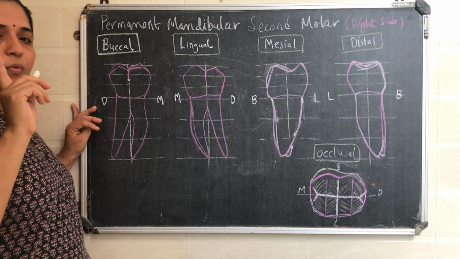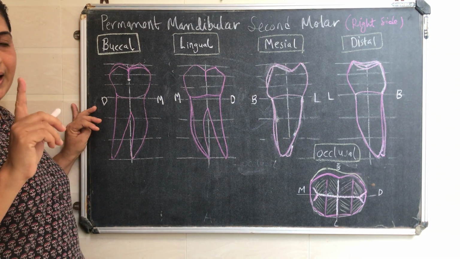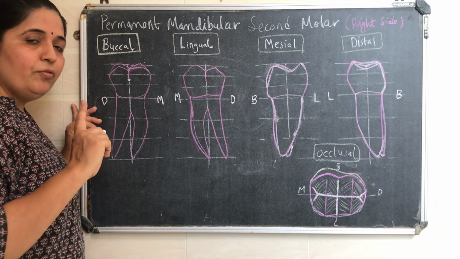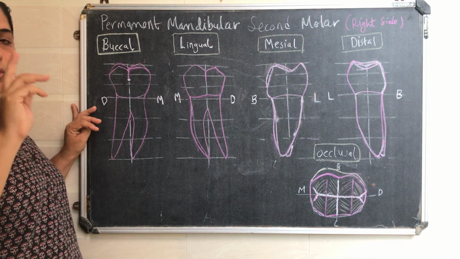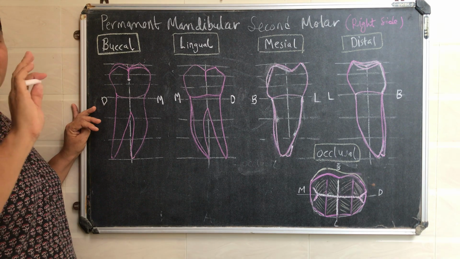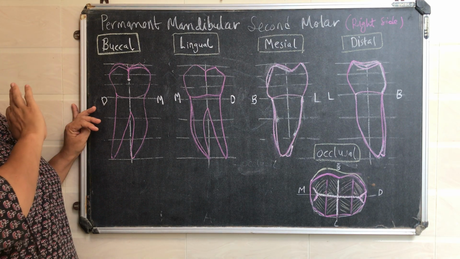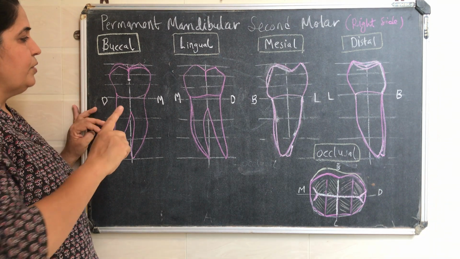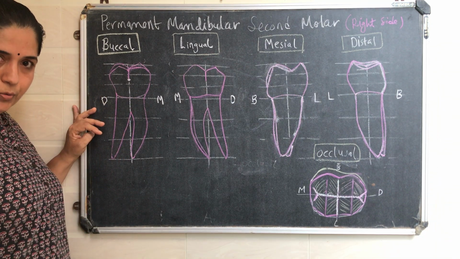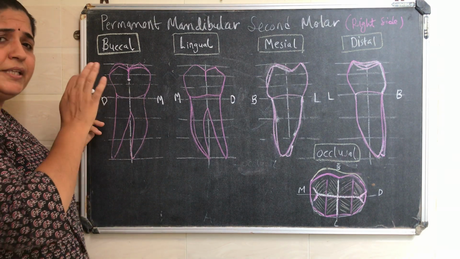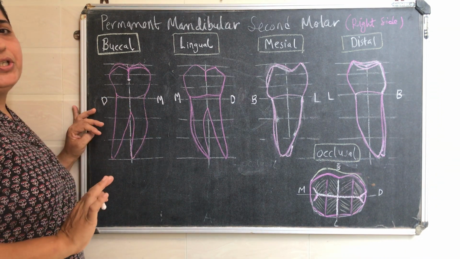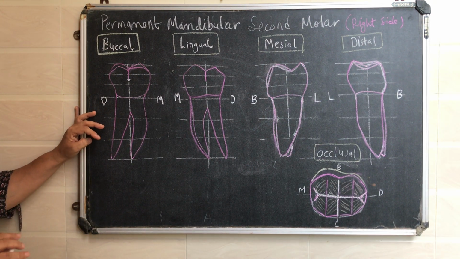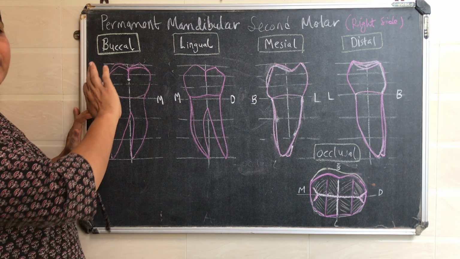So only one groove is seen from the buccal aspect in second molar, whereas in case of first molar you can see two grooves, that is mesiobuccal and the distobuccal developmental groove. In second molar only one groove, that is the buccal developmental groove. Okay. So by this feature again you can differentiate between the first molar and the second molar easily. Right? Rest of the things are same.